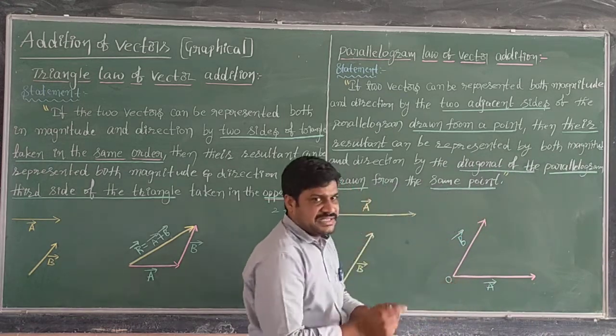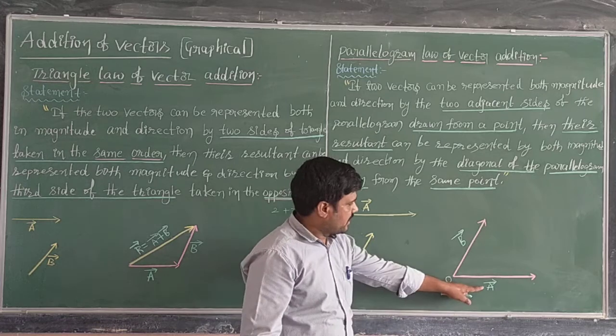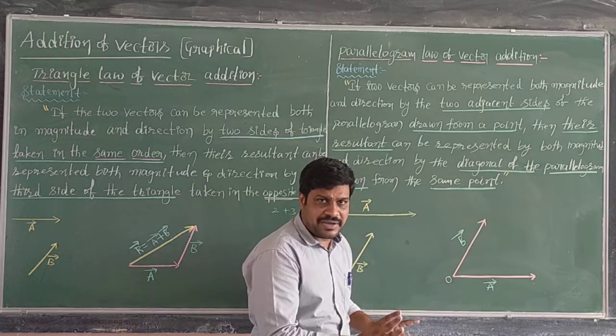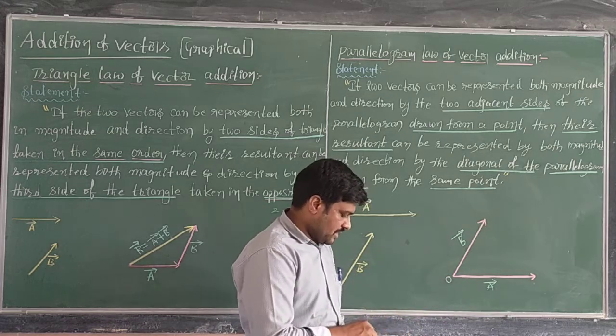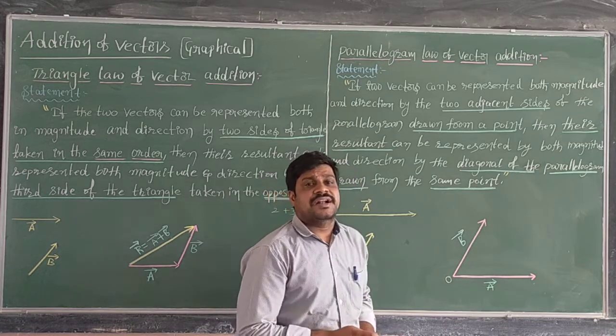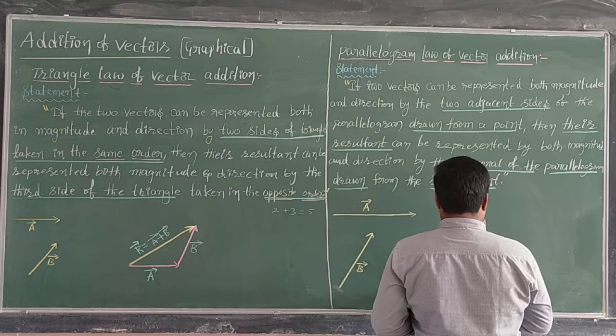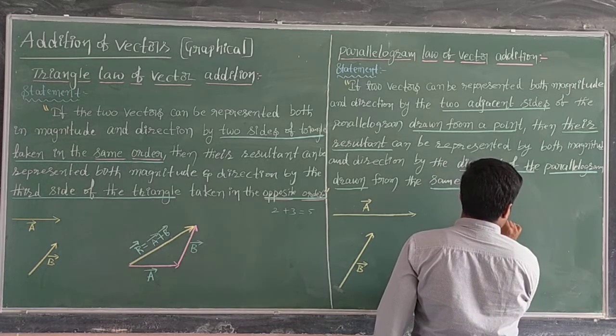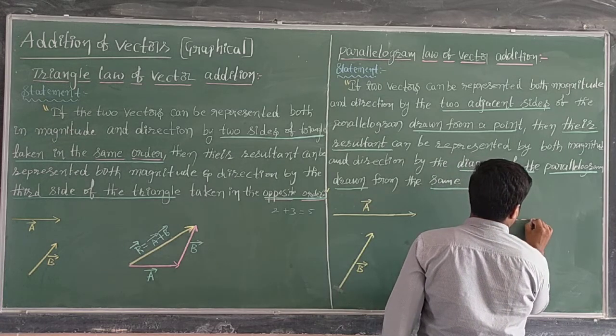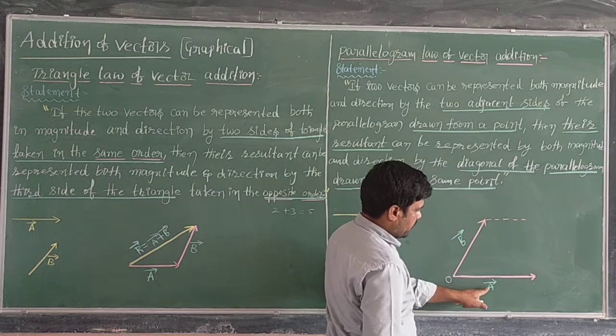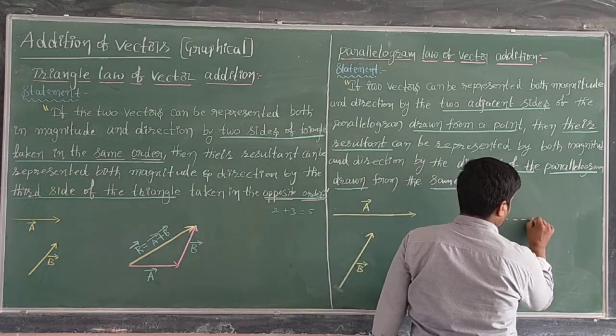See, adjacent sides means sides next to each other. A bar, B bar, two adjacent sides are there. Next, I am going to construct a full parallelogram. Parallel to A, one line I am drawing.